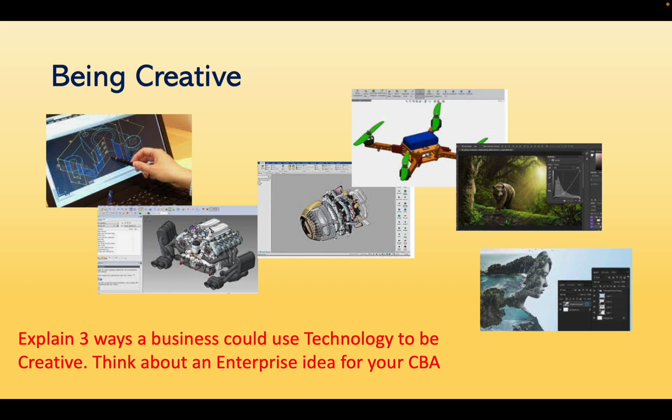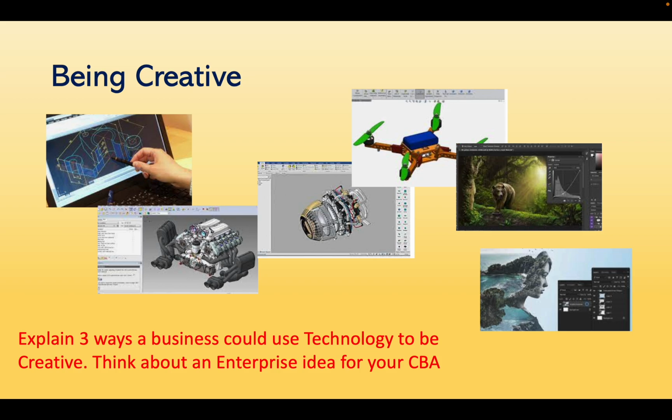Now on the right-hand side of the screen we've got some examples of being creative with pictures and graphics. Programs like Photoshop allow you to photo edit. We had computer-aided design for businesses designing products, but photo editing software allows you to take pictures and change them.